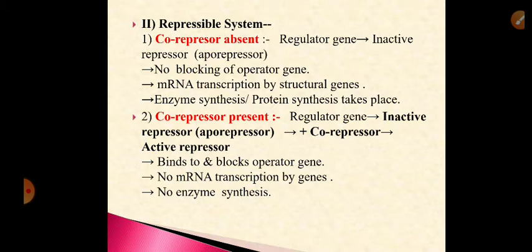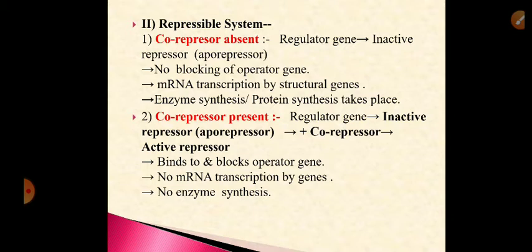What happens when co-repressor is present? Again the regulator gene produces inactive repressor protein, that is aporepressor. But because co-repressor is present, co-repressor will combine with the aporepressor and convert it into active repressor protein. So a co-repressor converts inactive repressor into active repressor.